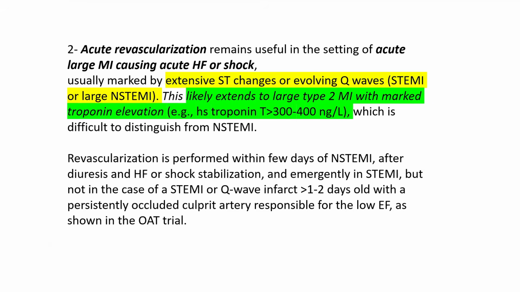It's not the heart failure causing troponin rise. Extensive and profound ST depression or ST elevation. This also likely extends to large type 2 MI with marked troponin elevation, for example, troponin T over 3,400 or troponin I over 1,000 to 2,000, which is difficult to distinguish from non-STEMI causing heart failure.